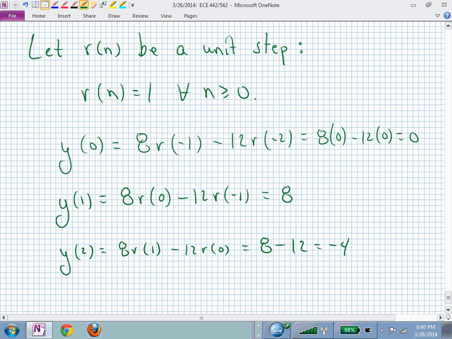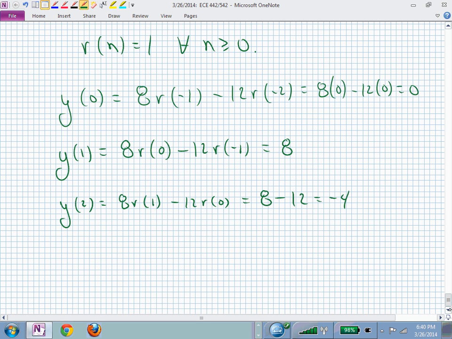What's going to happen at 3? Do you see what's happening? y of 3 is 8 r of 2 minus 12 r of 1. But r of 2 and r of 1, r of 3, r of 2, they all look the same, don't they? This is again going to be minus 4.